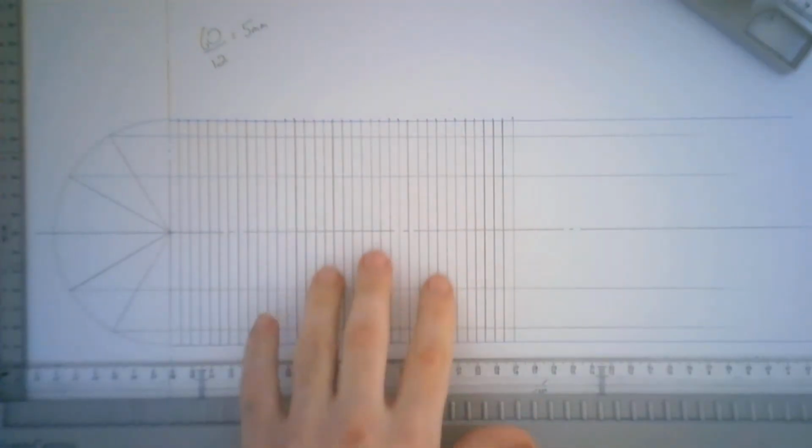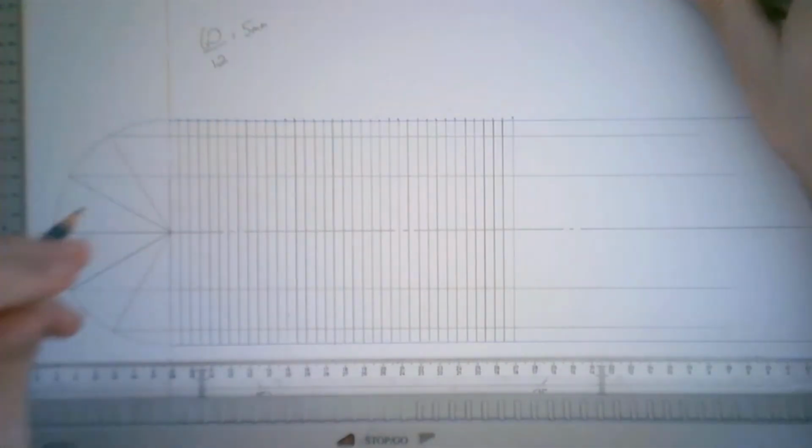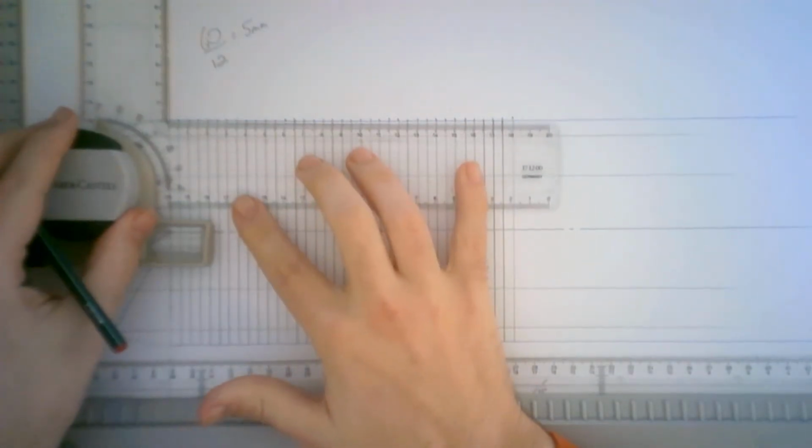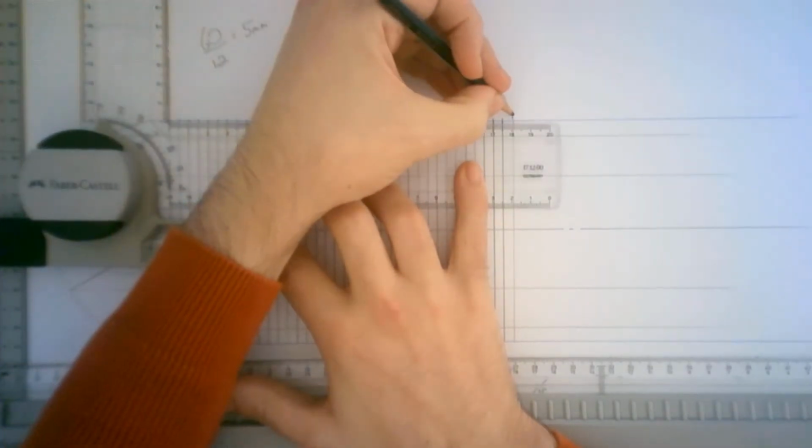Once you've drawn the vertical lines, let's mark again the 3 turns first. So there's 1, there's 2, and there's 3.